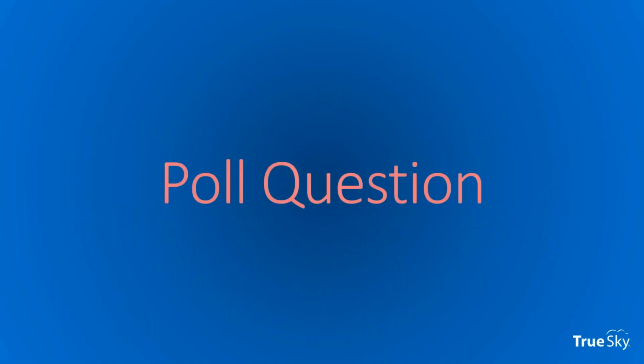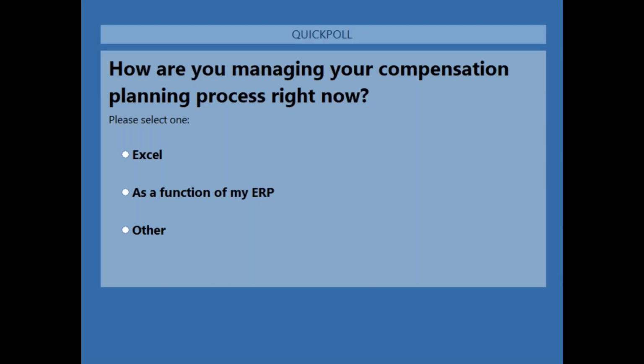Now, we're going to start here with a poll question, just so I get an idea of what people are doing today. So if you could take a second and answer the poll that you're seeing up on screen: we're curious how you're handling your compensation budgeting today. What is the main tool that you're using to manage your compensation planning?